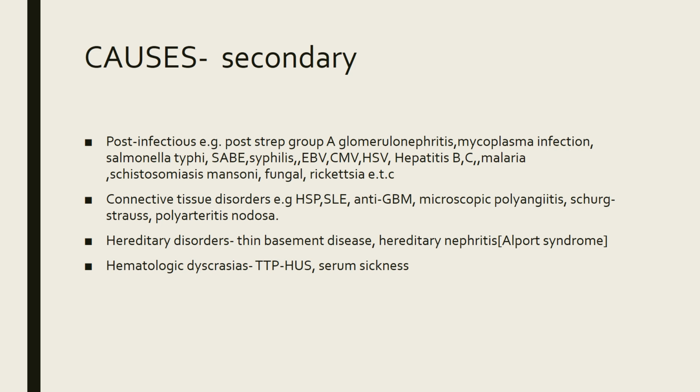Secondly, you can have connective tissue disorders, things like HSP, which, if you recall from our last lecture, we said is a vasculitic condition that manifests with purpura in the pressure areas in the gluteal area, the thigh area, and may present with macroscopic hematuria as well as abdominal pain.